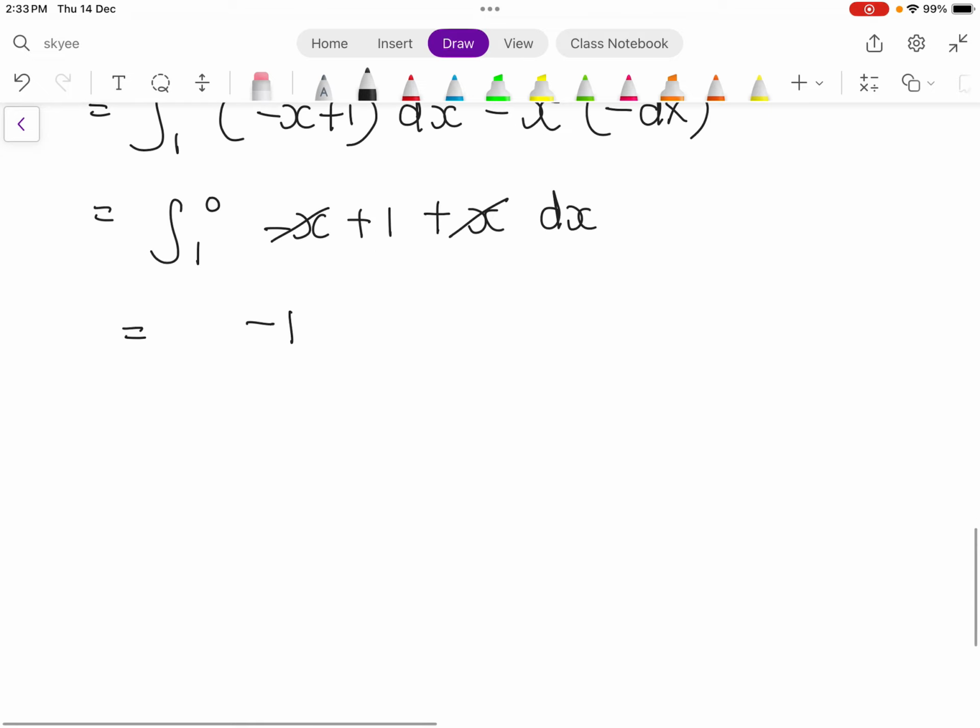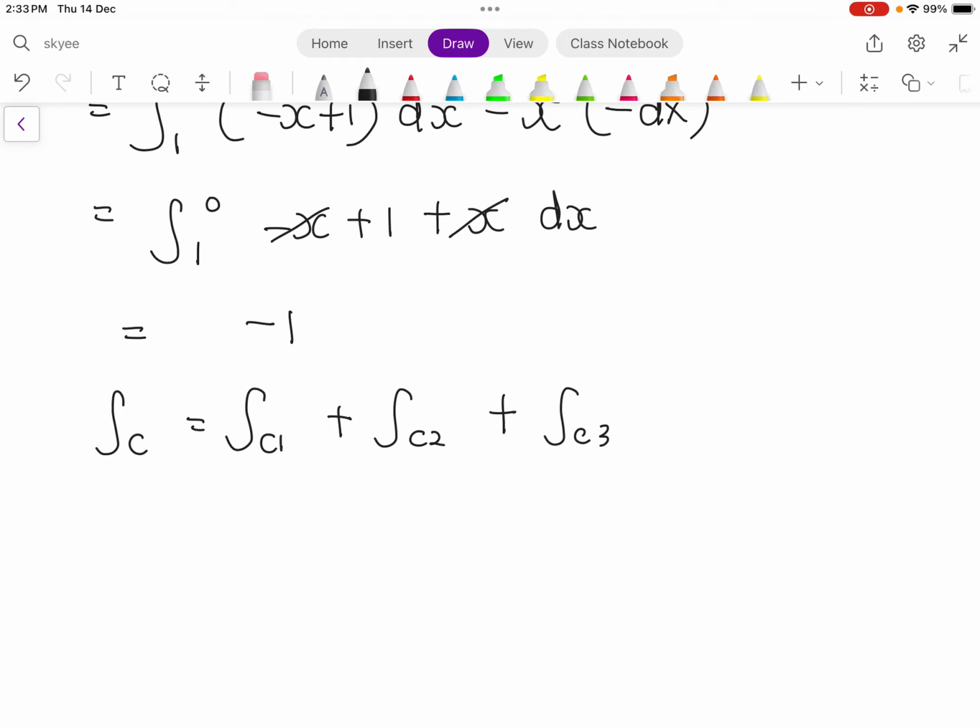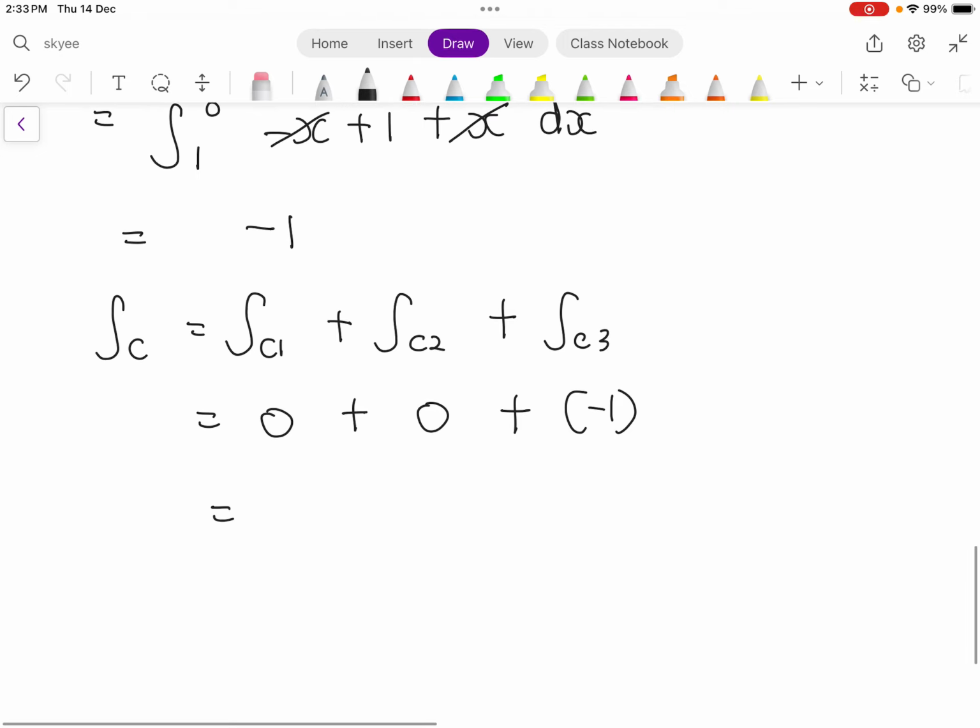Okay, so to find the total line integral, it will be the summation of C1 plus C2 plus C3. It is 0 plus 0 plus negative 1. So the answer is equal to negative 1.